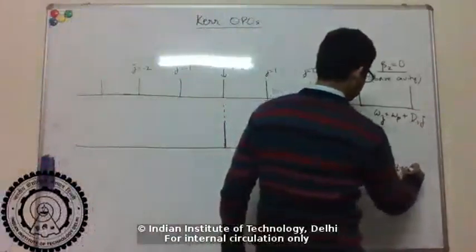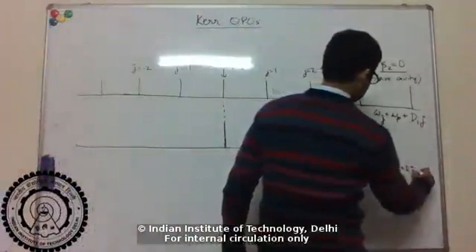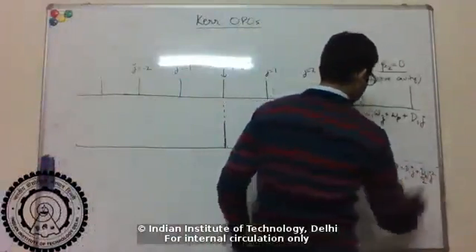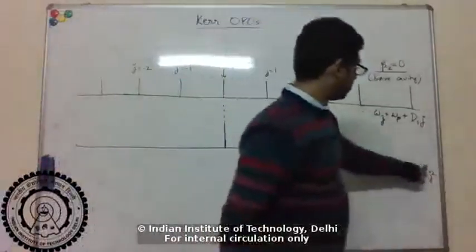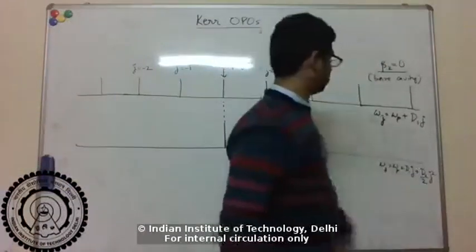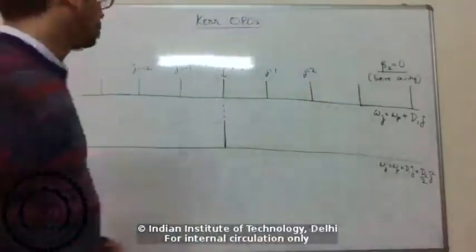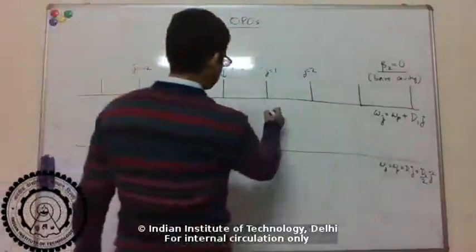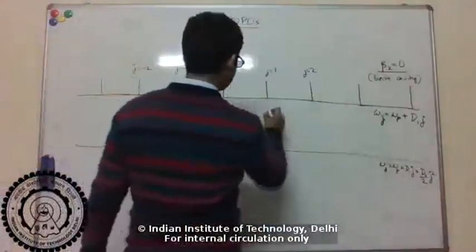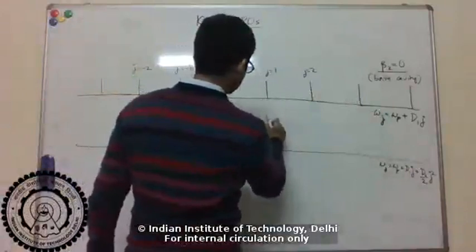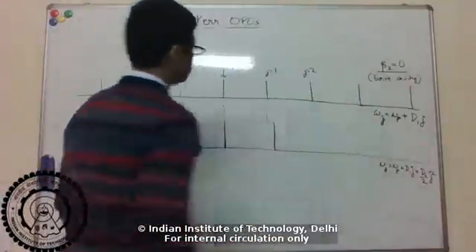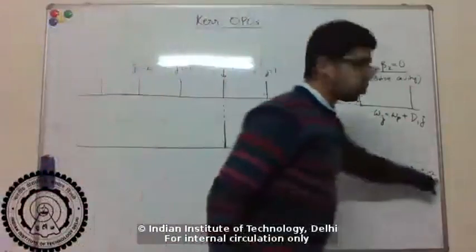Because of the GVD, we have another term here which goes as j square. So the resonances are not equally spaced now. The resonances to the higher side shift towards higher frequencies a little bit, so this one goes here, and they're going as j square, right?